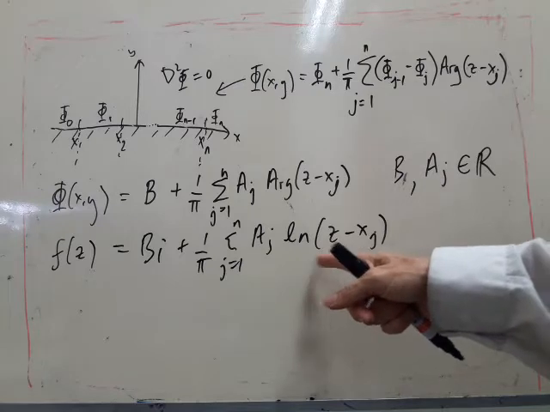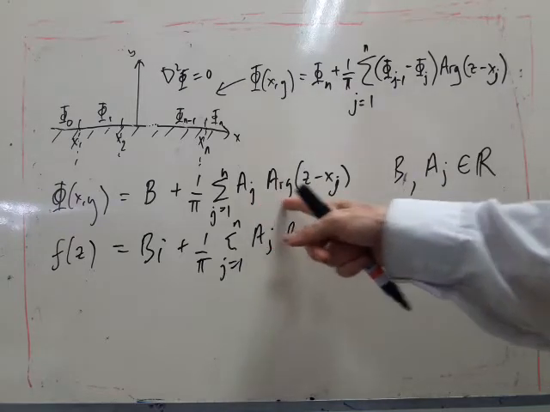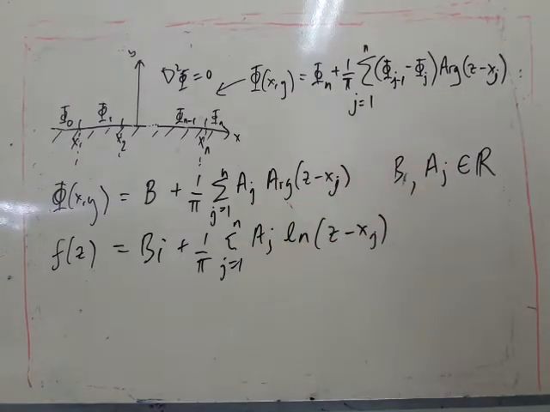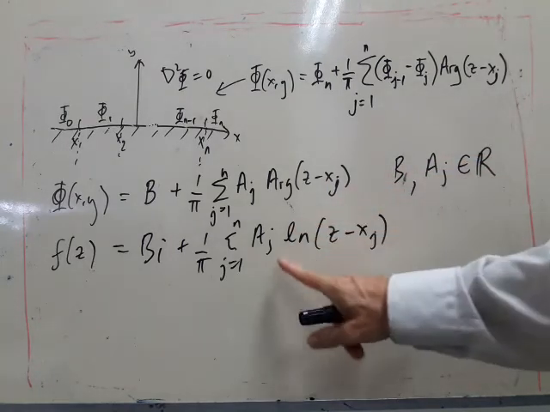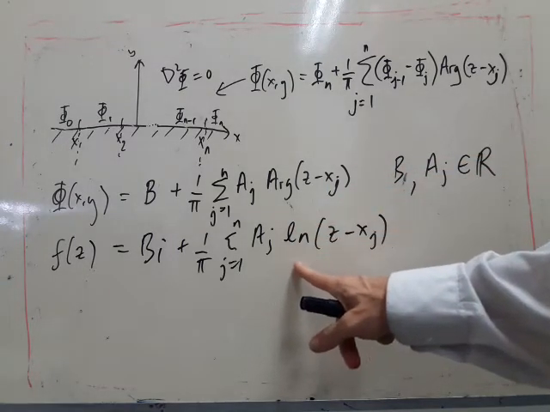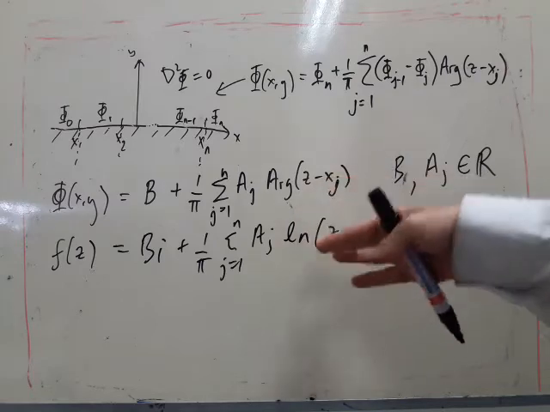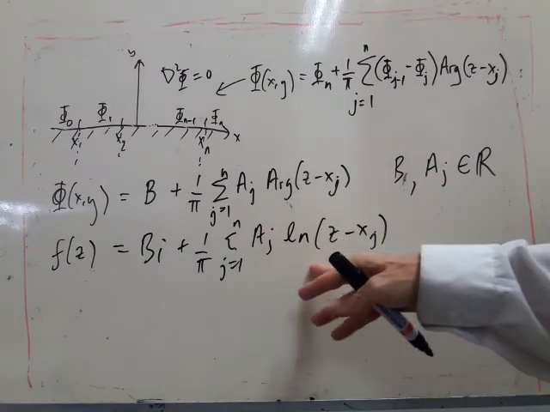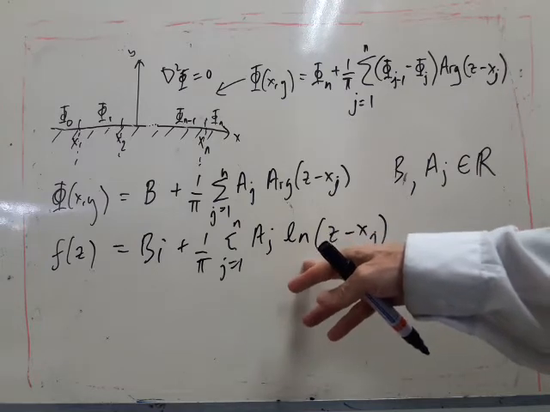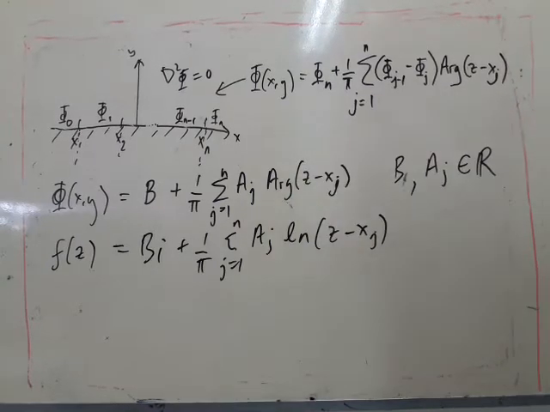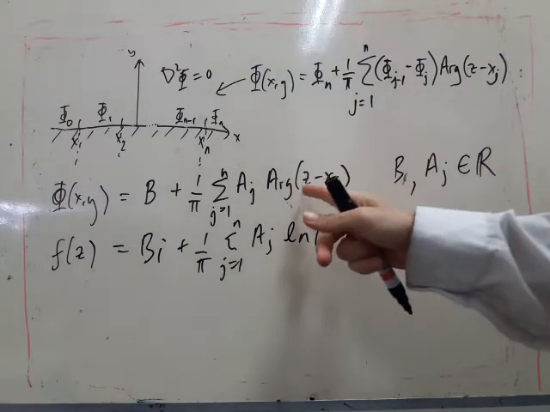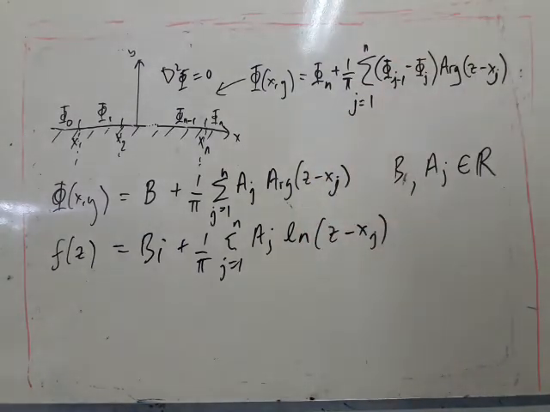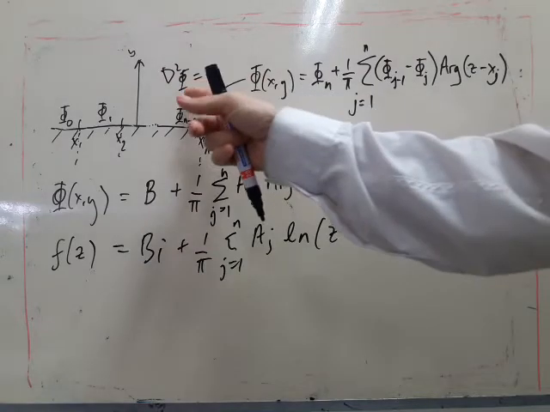So the imaginary part of this is going to be precisely this. Now this is an analytic function in the upper half plane, because we've been careful about branch cuts. So if this is analytic, then both the real part and the imaginary part satisfy Laplace's equation. They're both harmonic. So this definitely satisfies Laplace's equation in this region.